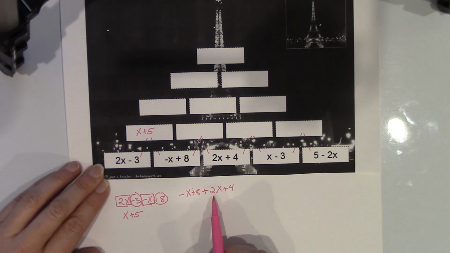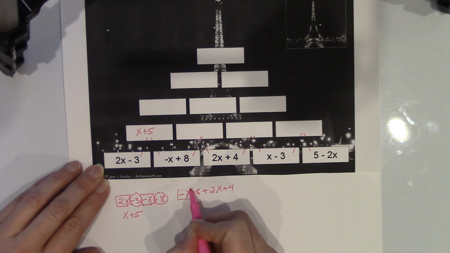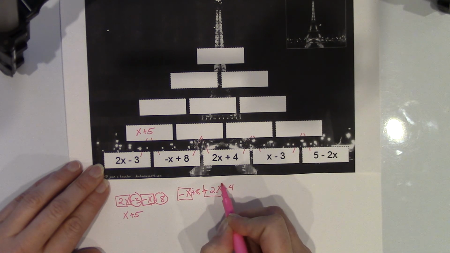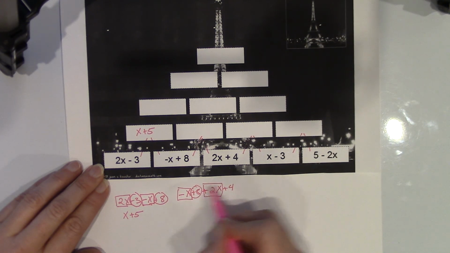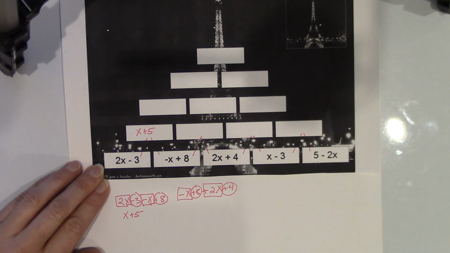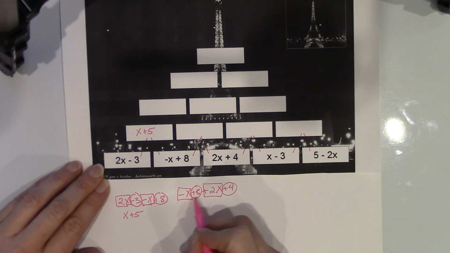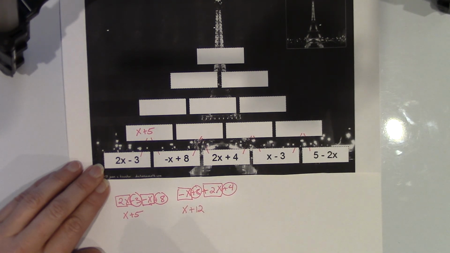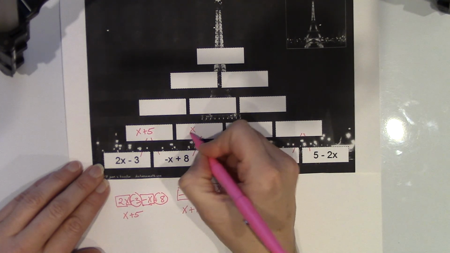A negative x and a 2x are like terms, and a positive 8 and a positive 4 are like terms. So I can add those up: negative x plus 2x is just a positive x, and 8 plus 4 is a positive 12, so I have x plus 12.